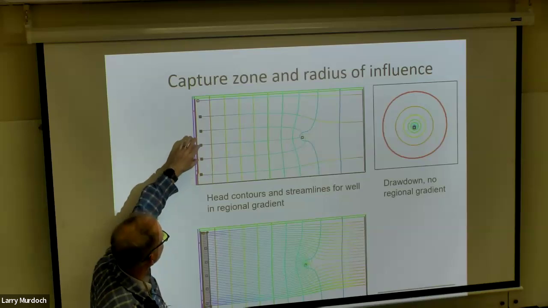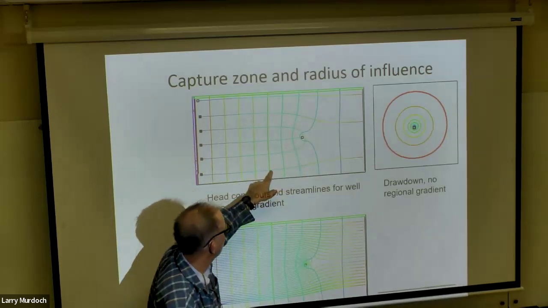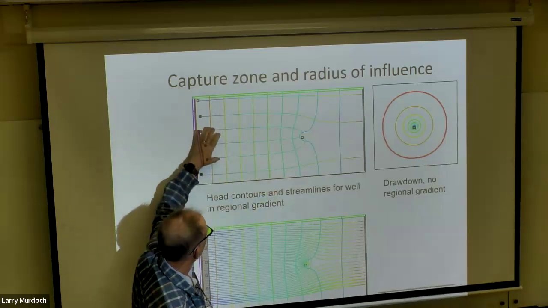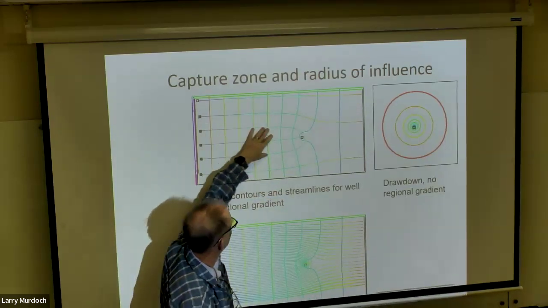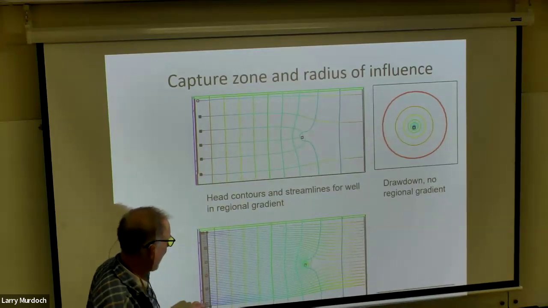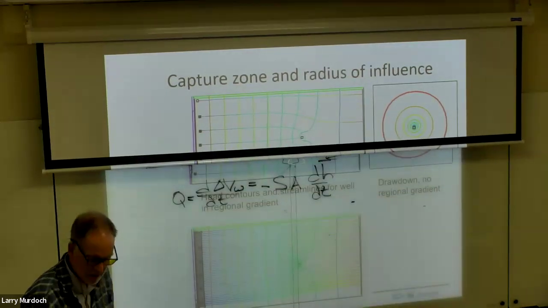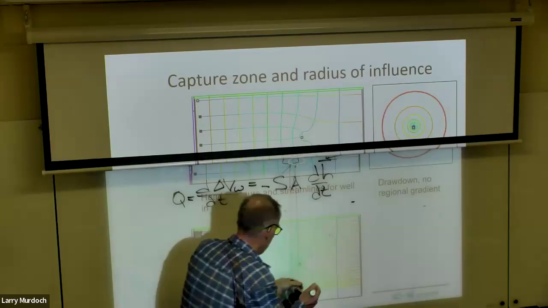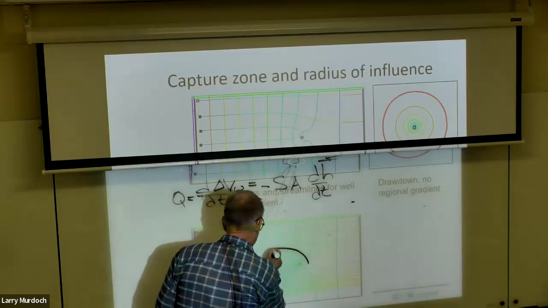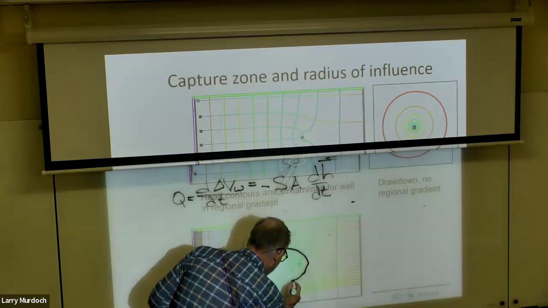So what we see here is that these flow paths are going to the well, and this one isn't. So the well is capturing water from this zone here. And if we add more flow paths, you can see then that we've got a capture zone. And it looks like this.